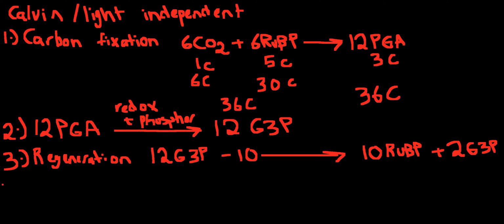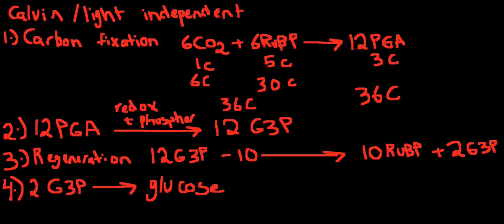Finally, once this is done, we're on step 4. We are left with the 2 G3Ps, and these are going to give us our glucose.